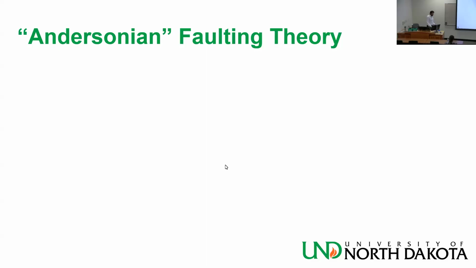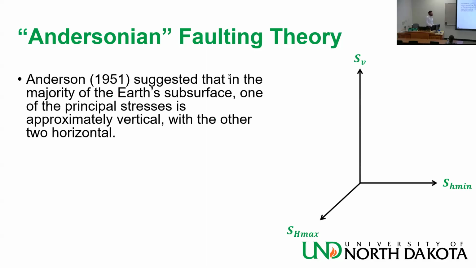Now, at that point of the class, things became very, very mathematically complex. So we brought in Anderson from 1951 to make things simpler by saying, what if I say that one of those three stresses that you said earlier, S1, S2, and S3, is very, very close to vertical.